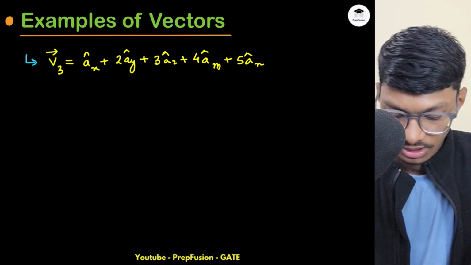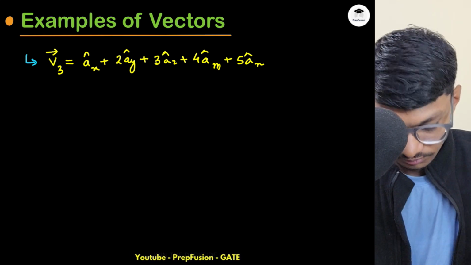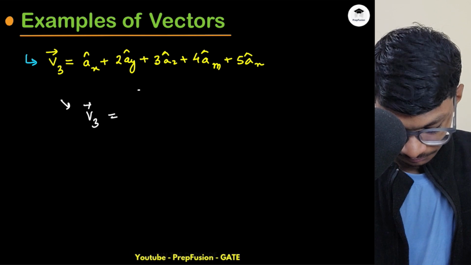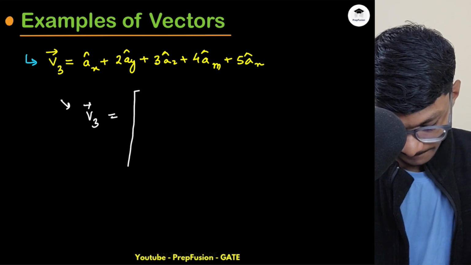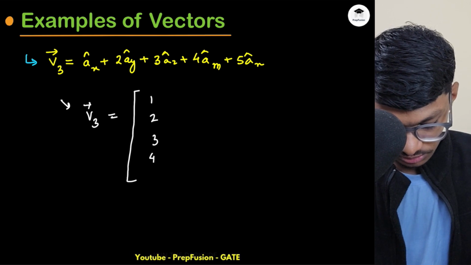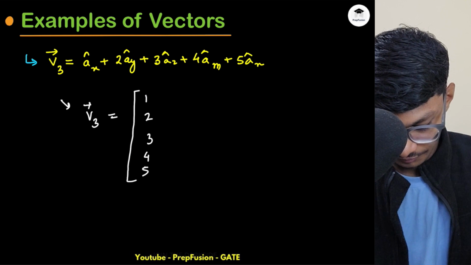That is why it is called a tuple. So this v3 can be represented in the column format: 1 2 3 4 5.